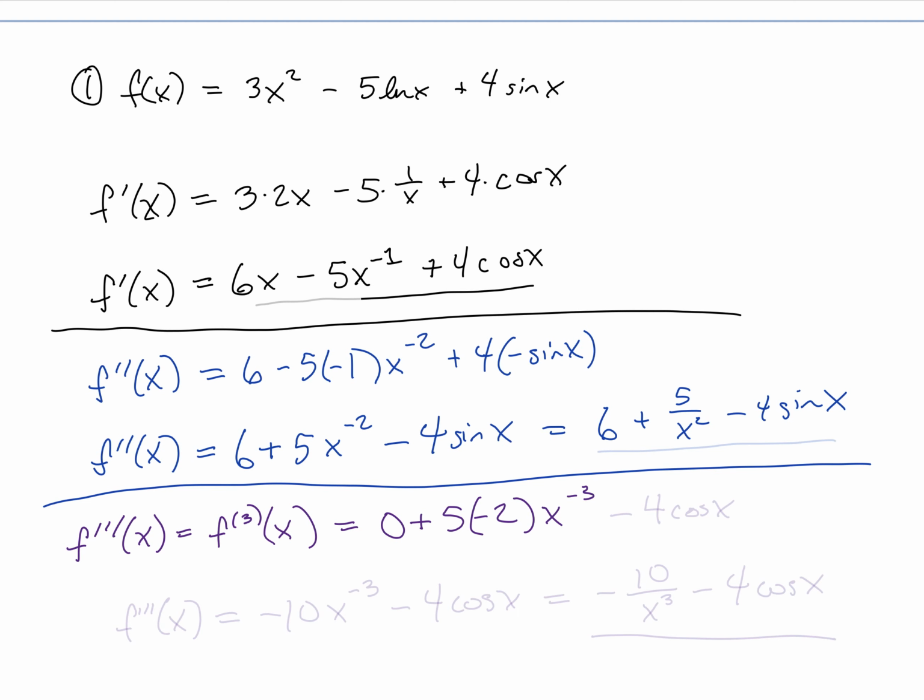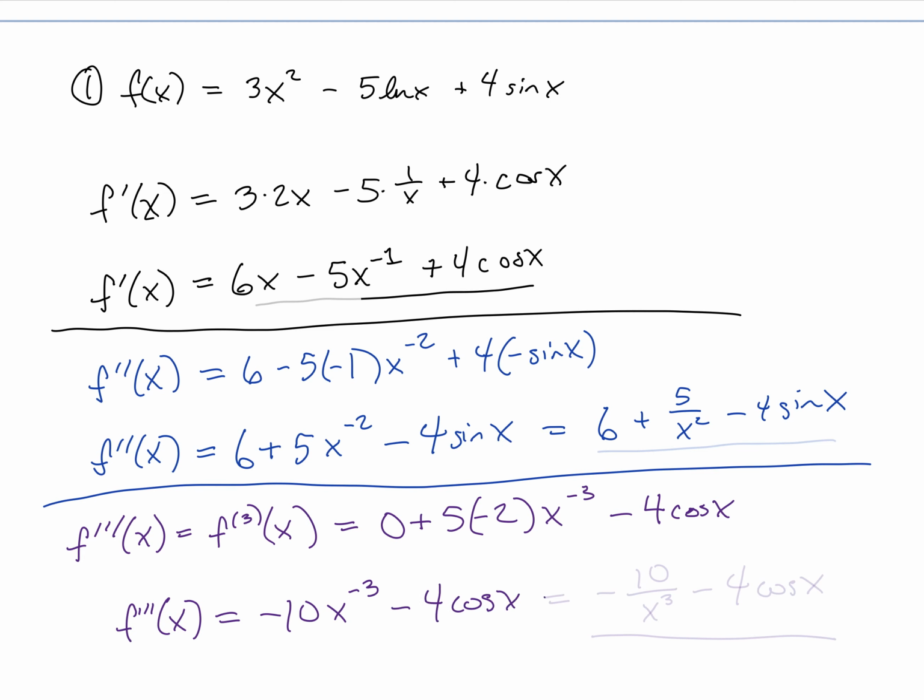Bring down the exponent, subtract 1 from the exponent, minus the derivative of 4 sine of x, which is 4 times the derivative of sine of x, which is cosine of x. And so this could be simplified as f triple prime of x, the third derivative, is equal to 5 times 0, which just goes away. 5 times negative 2 is negative 10x to the negative 3 minus 4 cosine of x.